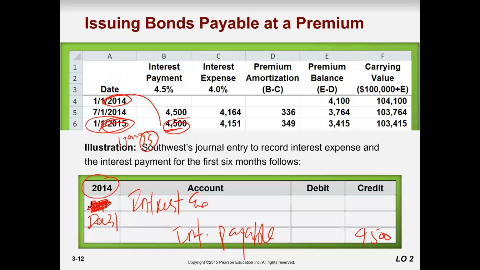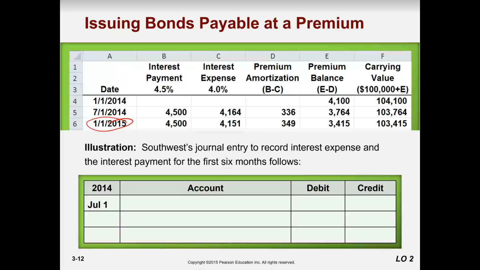The same is here, which is interest expense, 4151, and premium 349. Just instead of writing cash, because cash is not paid on 31st of December, cash is paid on 1st of January next year.